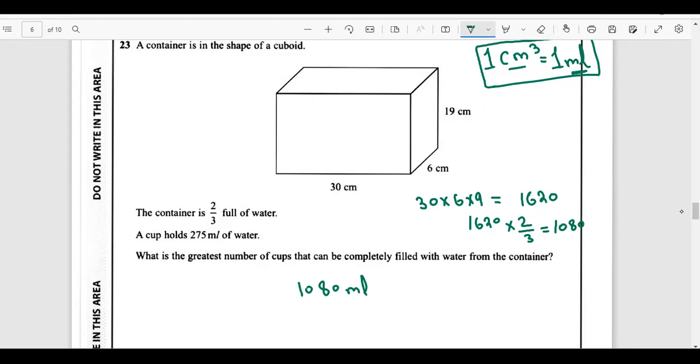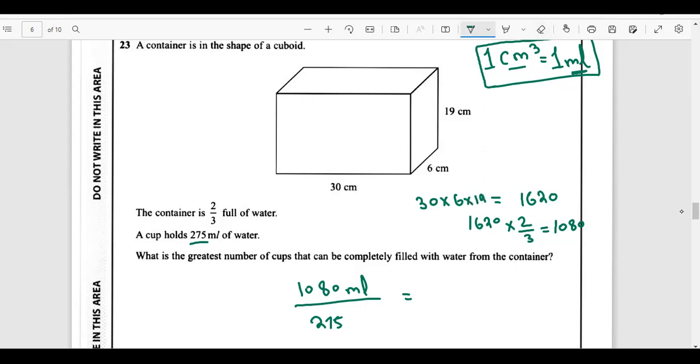I have these many milliliters and a cup holds 275 milliliters. So if I divide it by 275, that is going to give me, yes, this is 19.